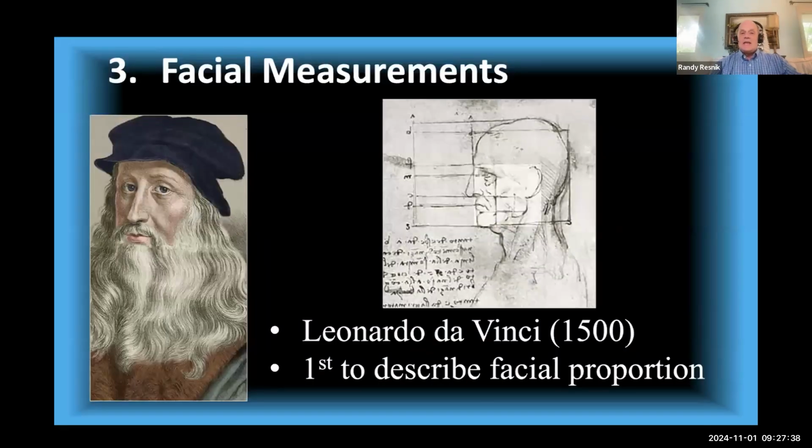A third way is with facial measurements. Now, how did it even come into play here? It all started with Leonardo da Vinci back in the 1500s. He was the first one to evaluate the face, the proportions of the face, and he did the first writings on this.